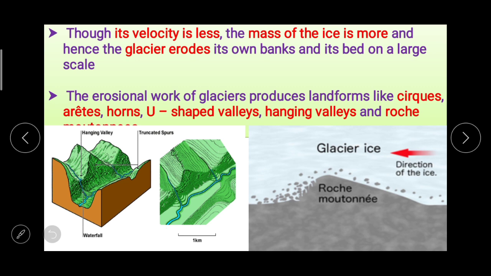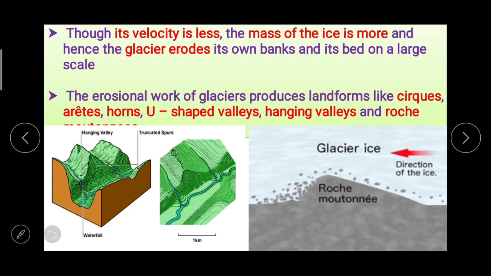The heavy weight of these overlying layers makes the snow move along the slope, and at the base of the layer the snow starts melting because of the friction and the pressure from above. So, the glacier starts moving slowly along the slope.